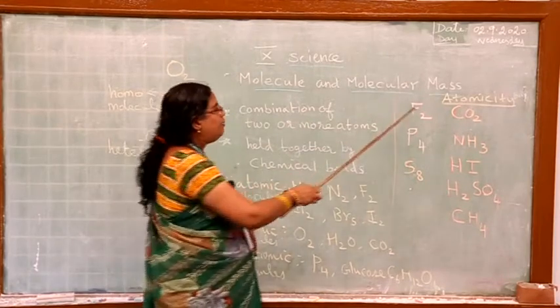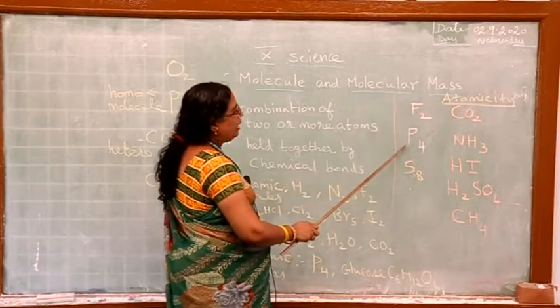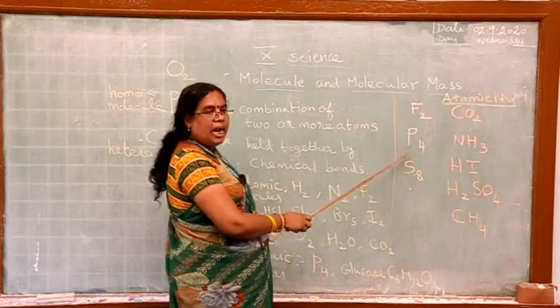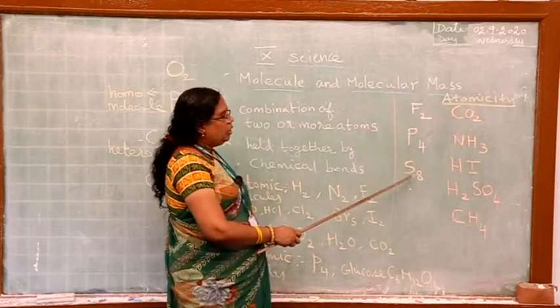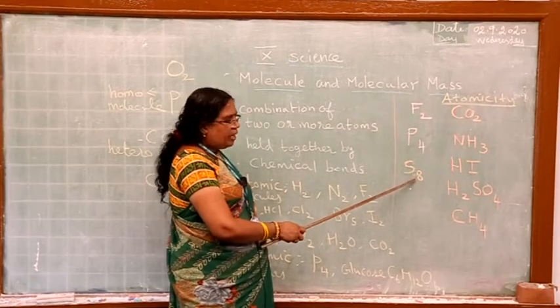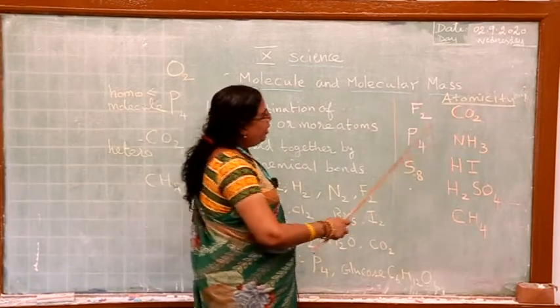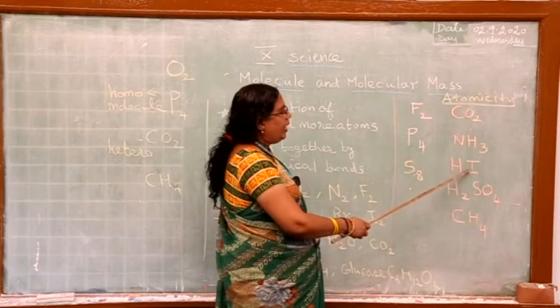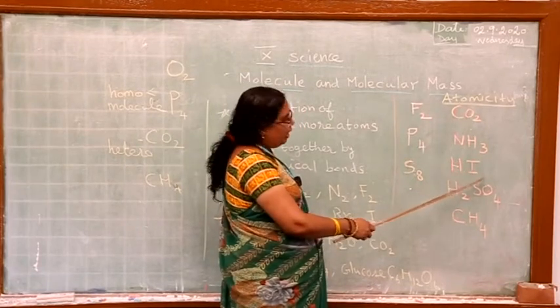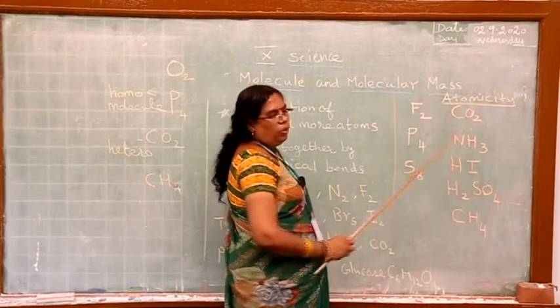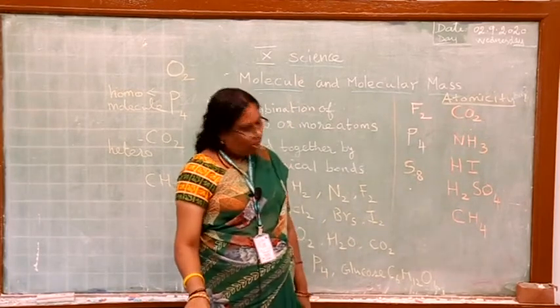So what is its atomicity? 2. Phosphorus P4, what is its atomicity? 4. S8 sulfur, so its atomicity is 8. Now take hydrogen iodide, hydrogen 1 atom, iodine another atom, so its atomicity is 2.